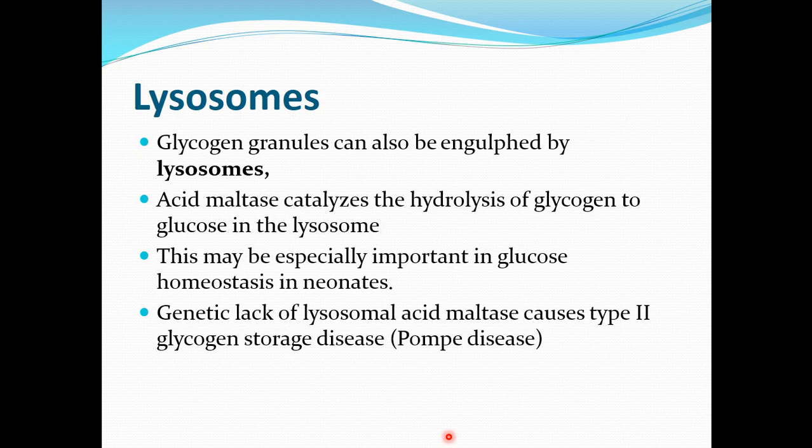Genetic lack of this lysosomal acid maltase causes type 2 glycogen storage disease, also known as Pompe's disease. Again, I am repeating, glycogen granules can be engulfed by a lysosome, which contains acid maltase enzyme.